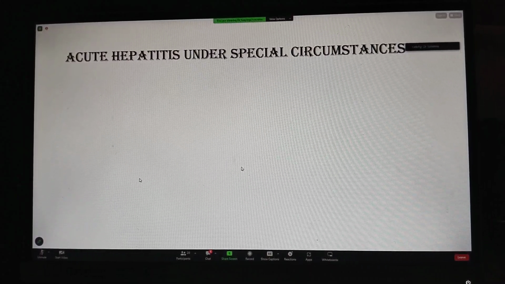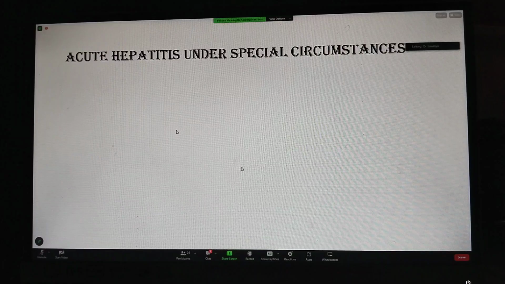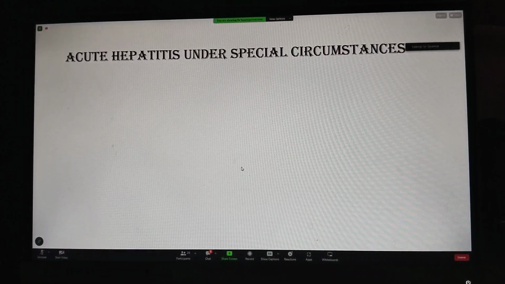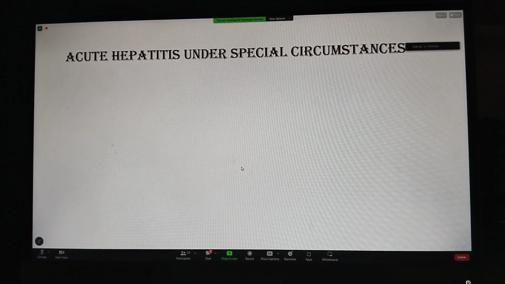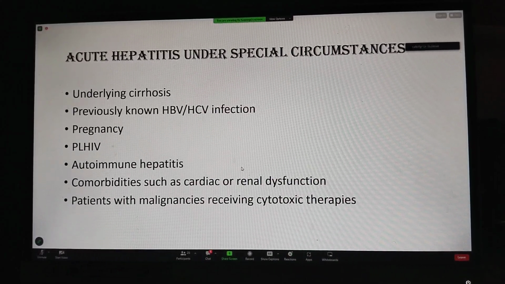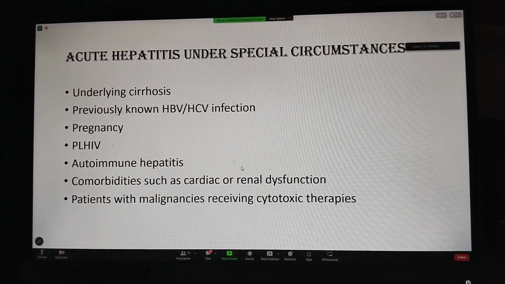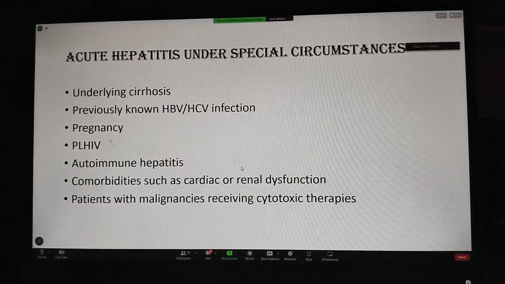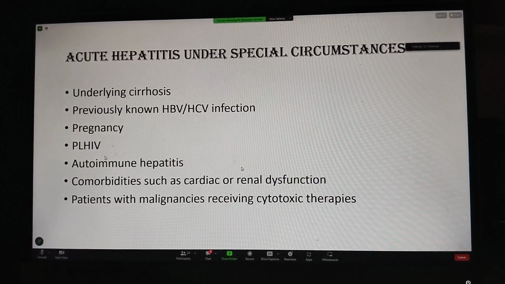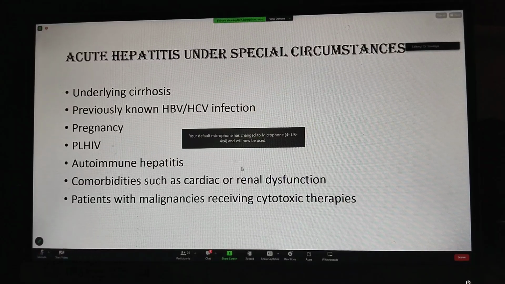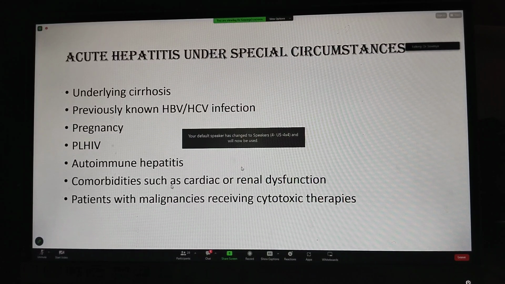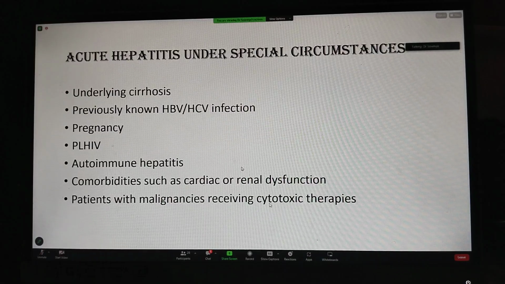Consider transfer of any patient with acute hepatitis, even without evidence of severe liver injury or impending liver failure, under the following special circumstances: any underlying cirrhosis or previously known chronic hepatitis B or C infection, pregnant females, people living with HIV or a compromised immune status, underlying autoimmune hepatitis, patients with comorbidities such as cardiac or renal dysfunction, and patients with malignancies receiving cytotoxic therapies.